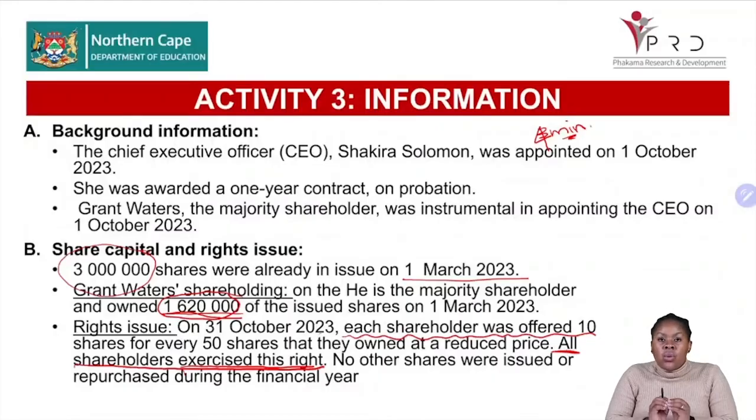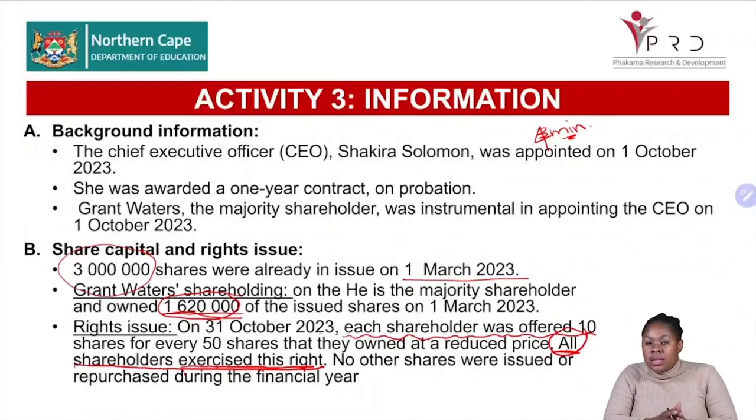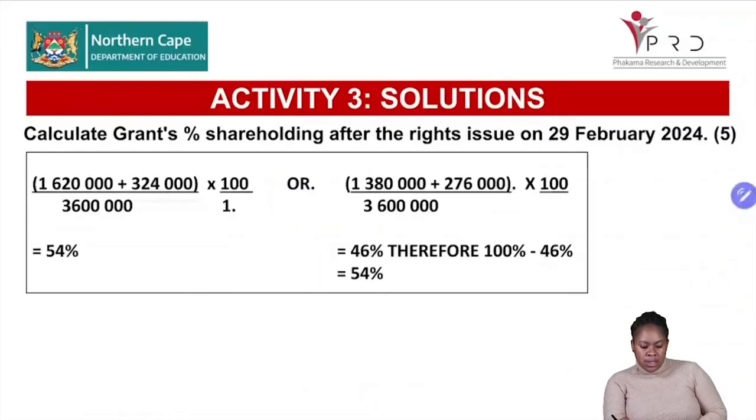It's not only Grant who used his rights to buy shares. All the shareholders did. That means the number of shares being issued is more than just what we calculated for Grant. We need to add the other shareholders.